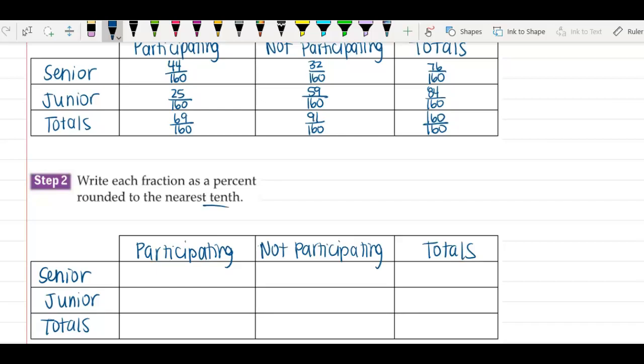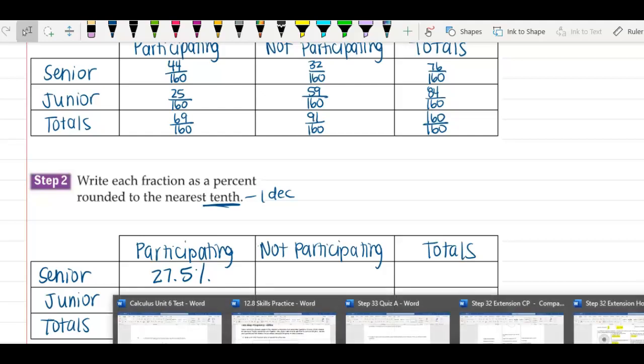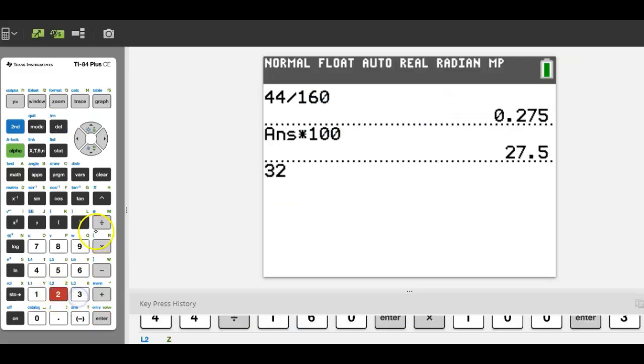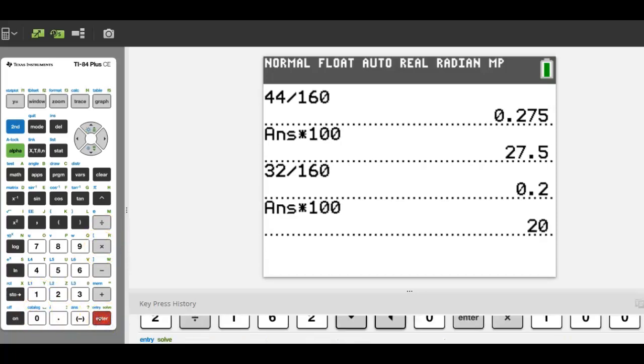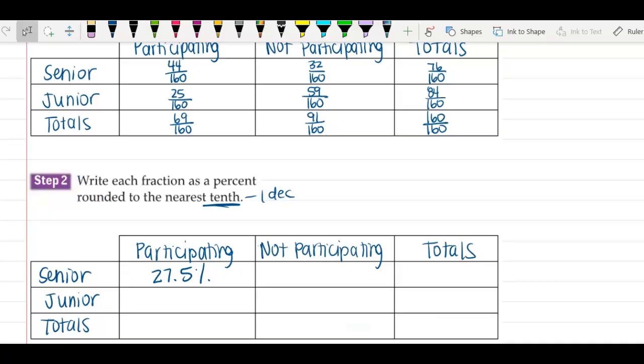We wanted to round to the nearest tenth, so that's 1 decimal place: 27.5%. If I move to the right, I'm going to do 32 divided by 160 times 100, and I get 20% perfectly.